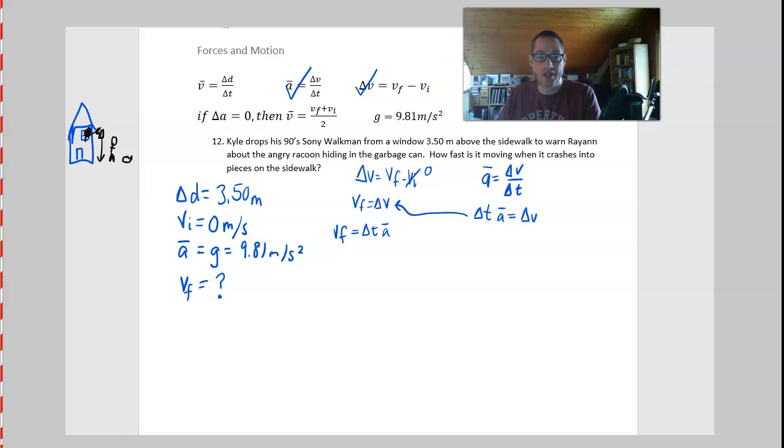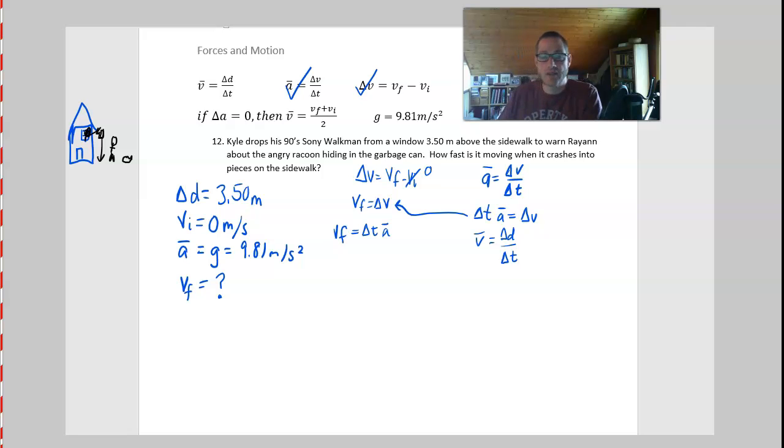Is there another equation that has delta T in it? Well, not this one, but this one does. So we're going to go to that one. V bar is equal to delta D over delta T. We want to solve this for delta T and then substitute it in for the delta T on that equation. There are different ways to do this.